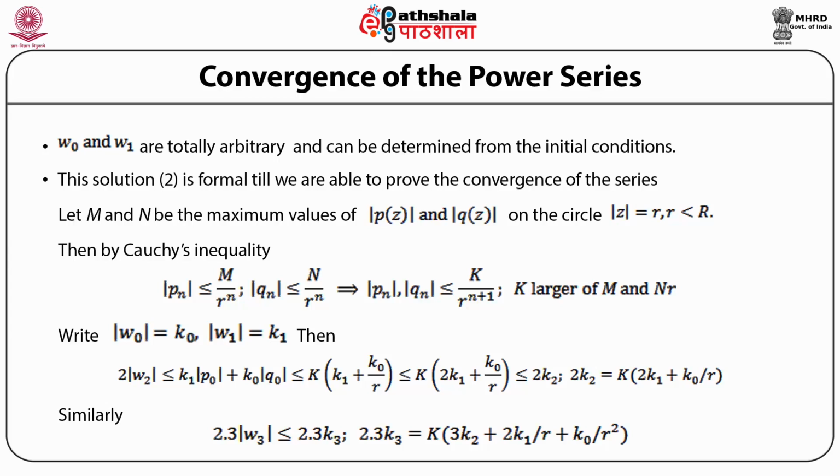This is less than or equal to capital K times (2k1 plus k0 by r), which in turn is less than or equal to 2k2, where 2k2 is equal to capital K times (2k1 plus k0 by r).